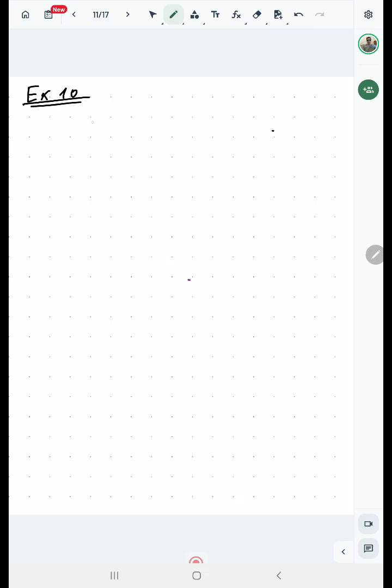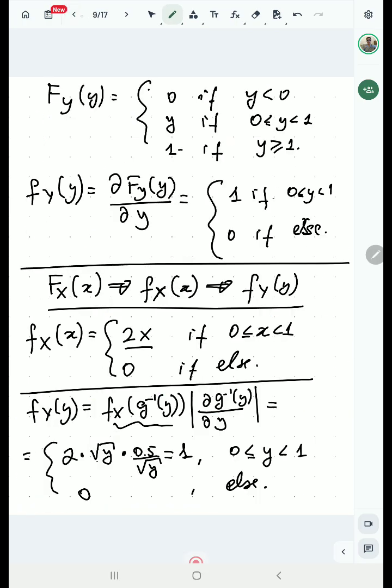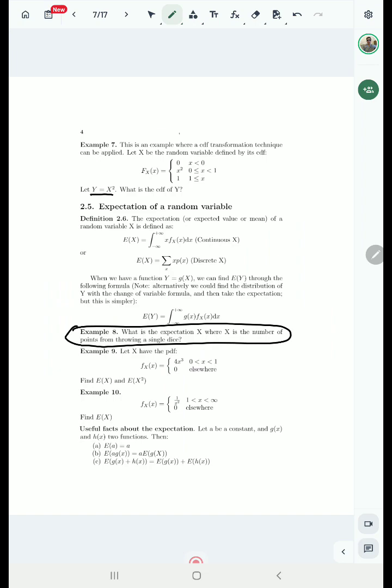Example 10. So we're given f_X(x), which is equal to 1 over x squared if x is between 0 and 1, and 0 otherwise. Let me see whether I copied it correctly.